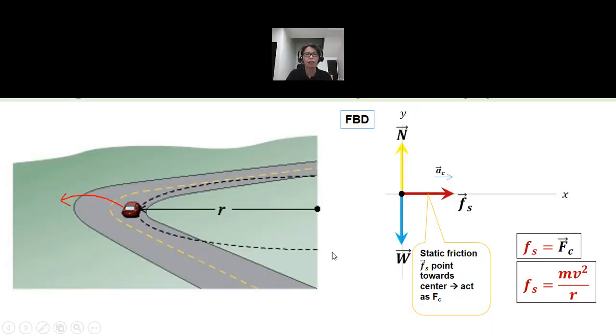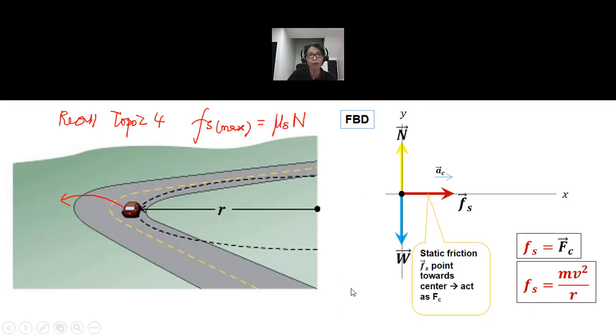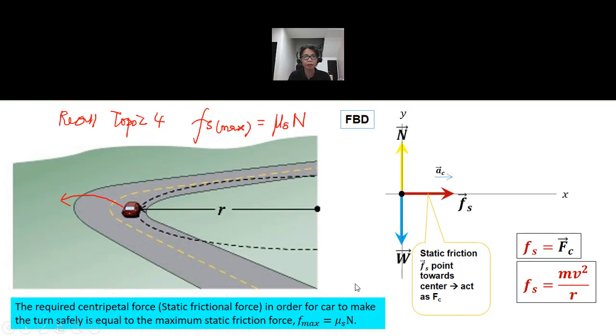And then kalau you recall konsep static friction dalam topik 4, we know that our static friction has a maximum value, whereby the maximum value is equal to mu s n. So there is a maximum value for the static friction to exist.